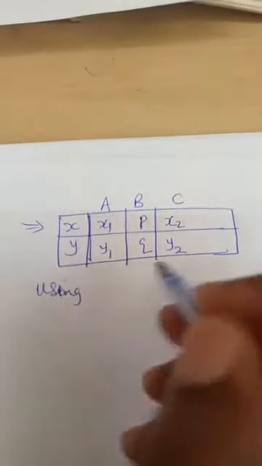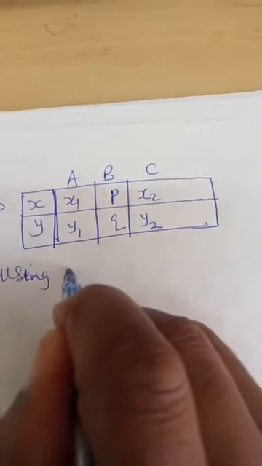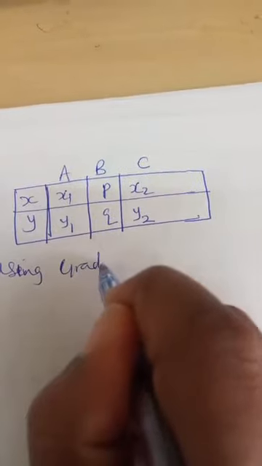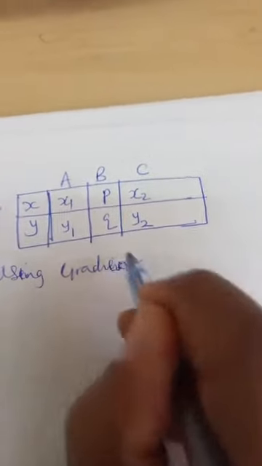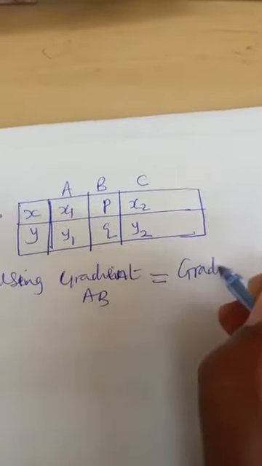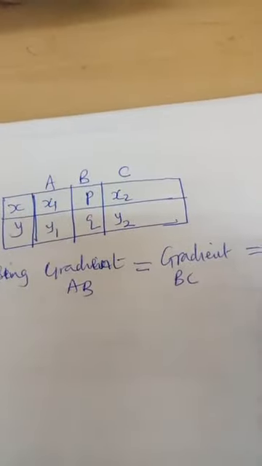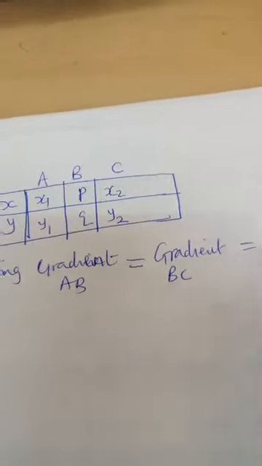So if I called these A, B, C, I can use the gradient. Remember, I've said there are points on a line, so we assume a linear proportion, that the gradient between AB should be equal to the gradient between BC, should be equal to the gradient between AC.